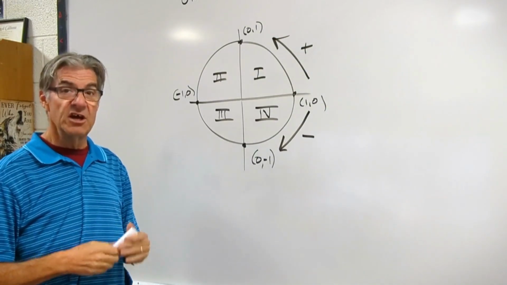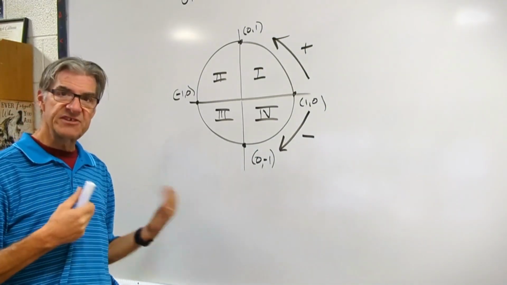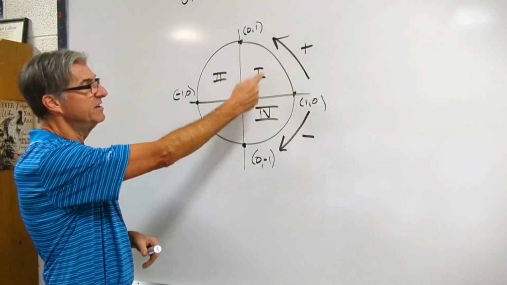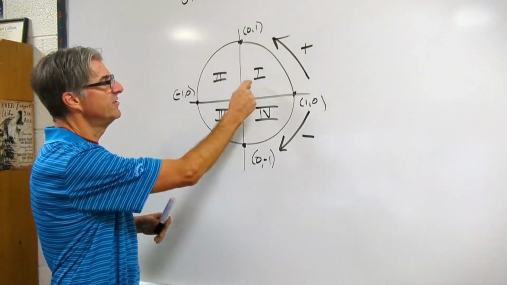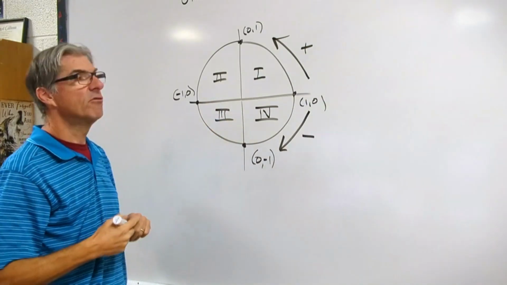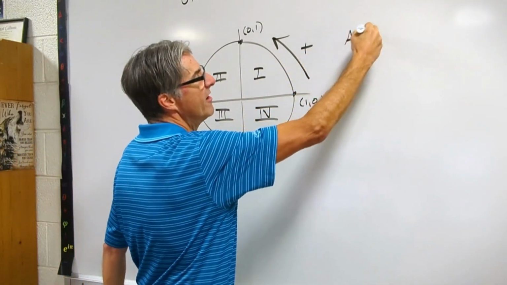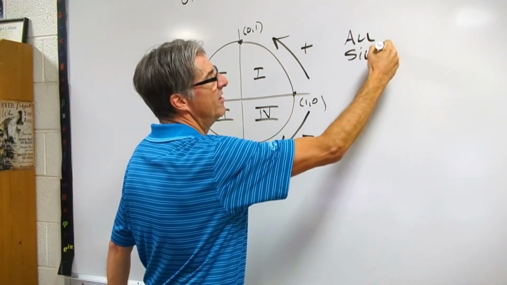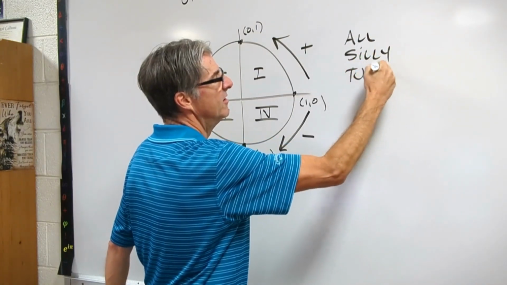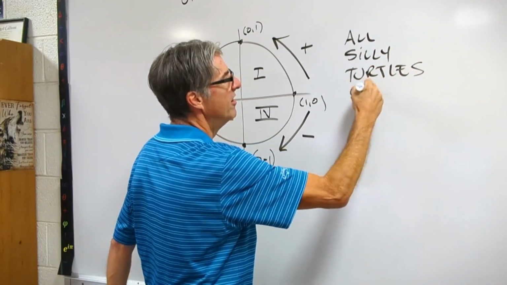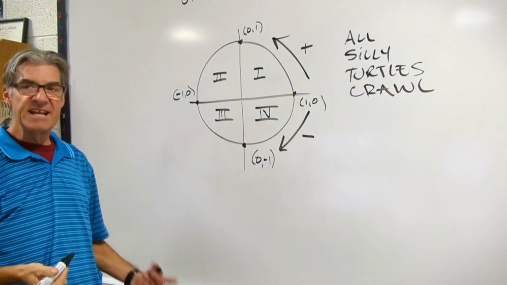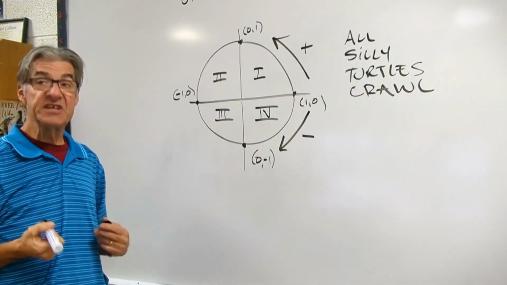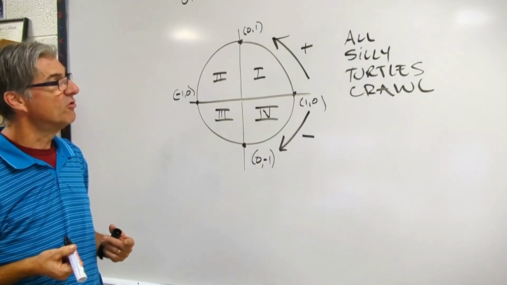Second thing, you remember what we did in the last video about the sign of cosine, sine, and tangent as you go around the unit circle. We have an acronym: All Silly Turtles Crawl. That tells you which things are positive as you go around.